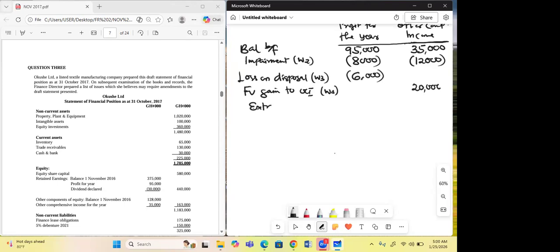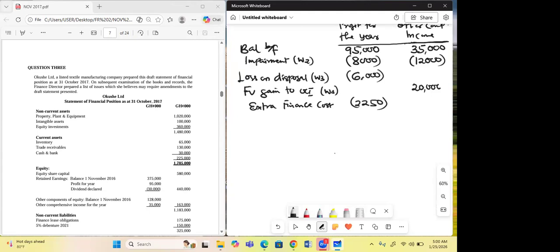Yes, extra finance cost. So what did we get in the extra finance cost? 2,250. So that's finance cost to reduce profit.